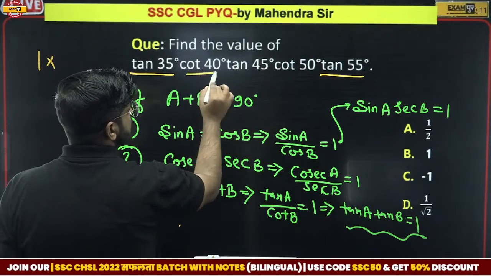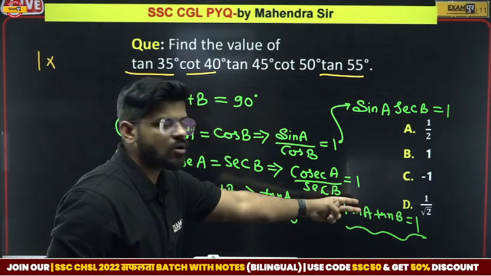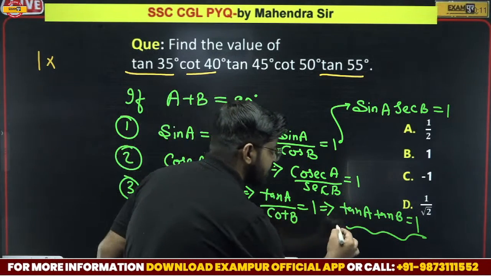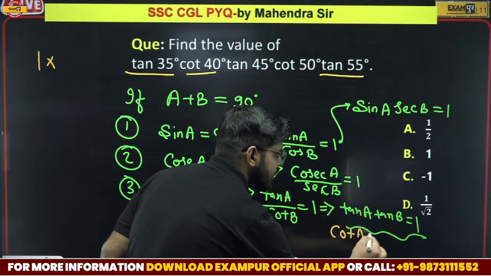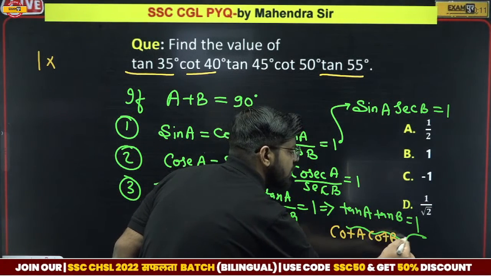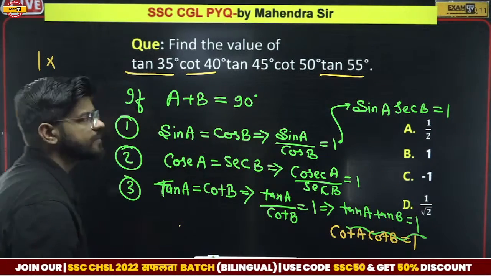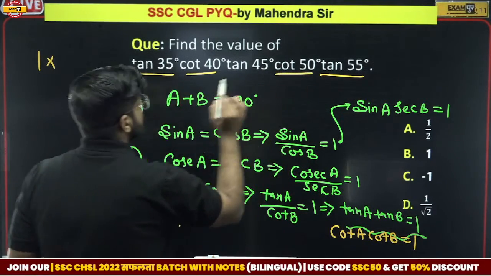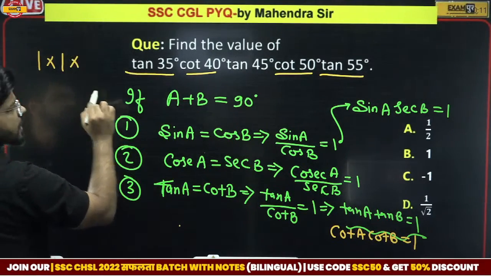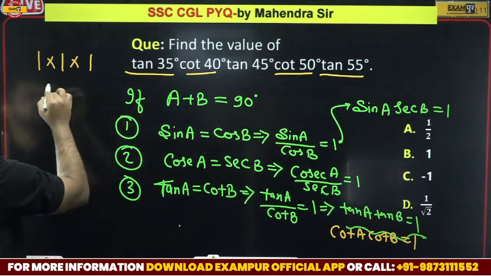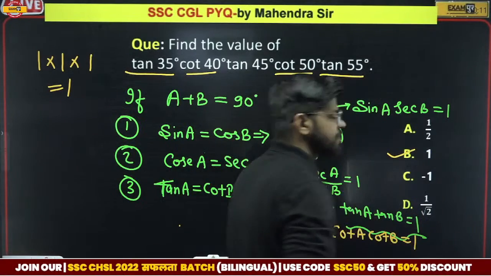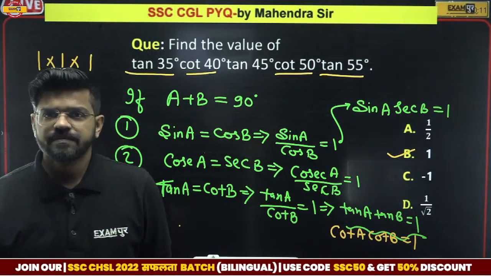Cot 40, similarly, you can write cot 40 and cot 50, like cot A, cot B. This is also equal to 1. So cot 40 and cot 50 will also give you 1, and tan 45 itself is 1. So overall we will get 1. Is it clear to everyone? Superb.